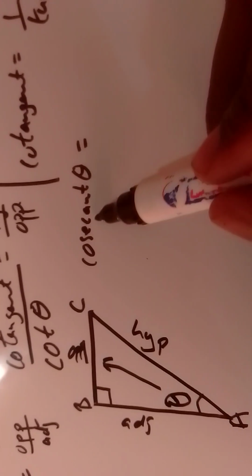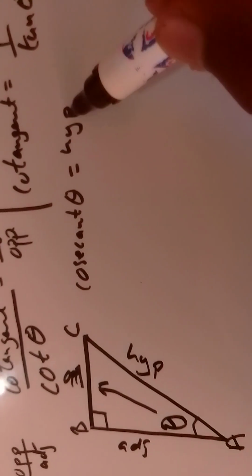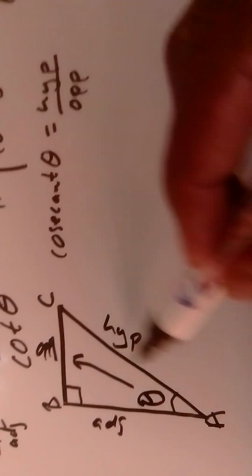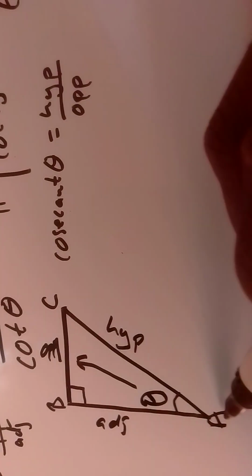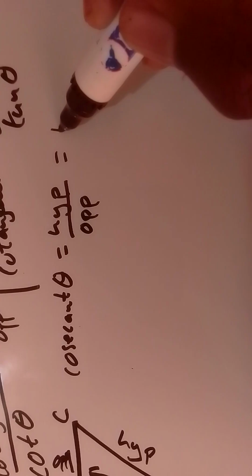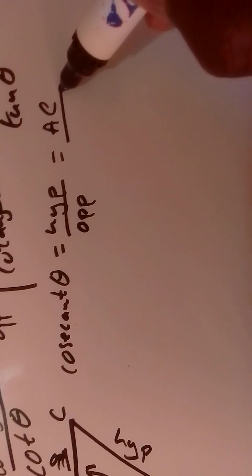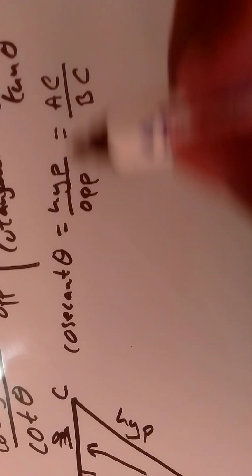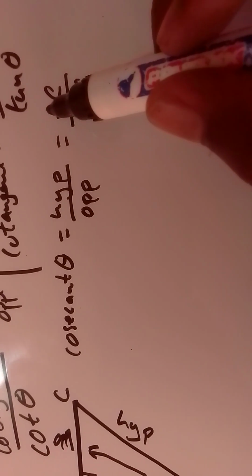But remember, under cosecant, we say hypotenuse over opposite. So I start with the hypotenuse, which is line AC. Cosecant is equal to AC all over the opposite, which is BC. And like that, I have written the cosecant.